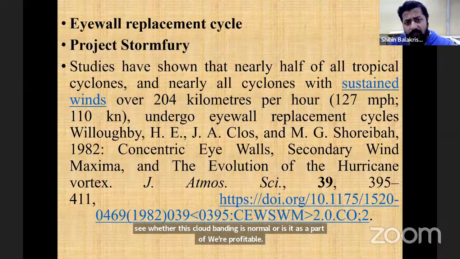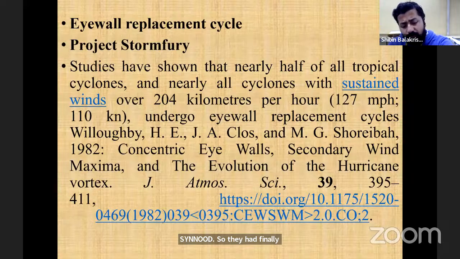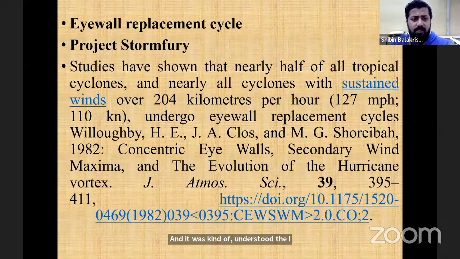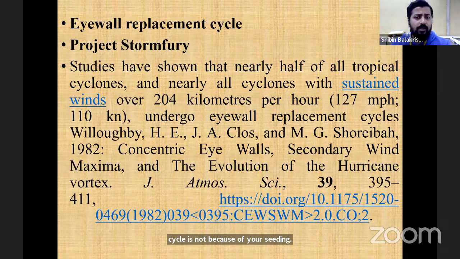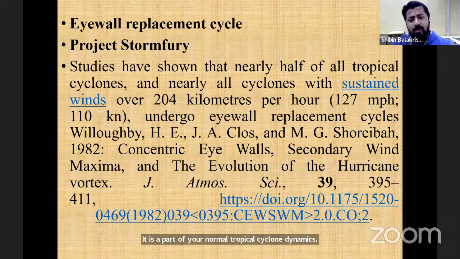The project was completed, and it was understood that the eye wall replacement cycle is not because of seeding. It is a part of normal tropical cyclone dynamics, where any system or tropical cyclone above, let us say, 200 kilometers per hour undergoes a rapid eye wall replacement cycle.